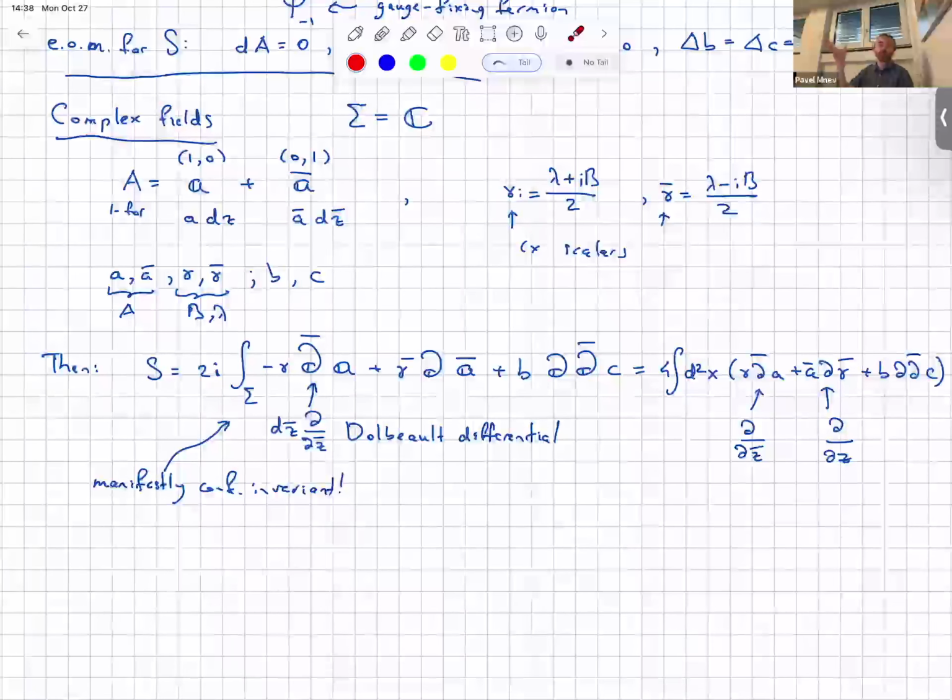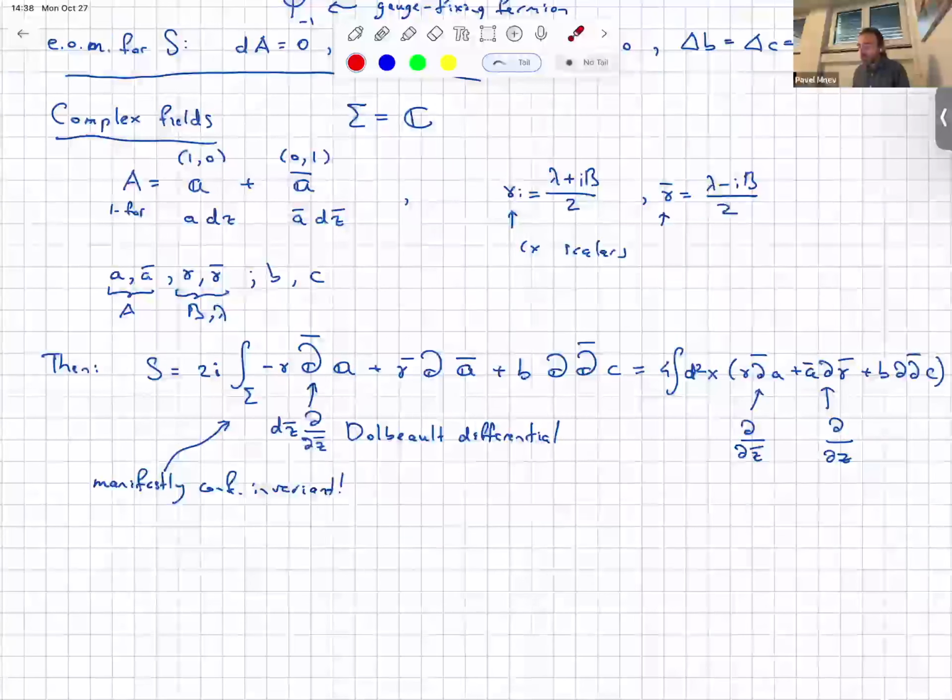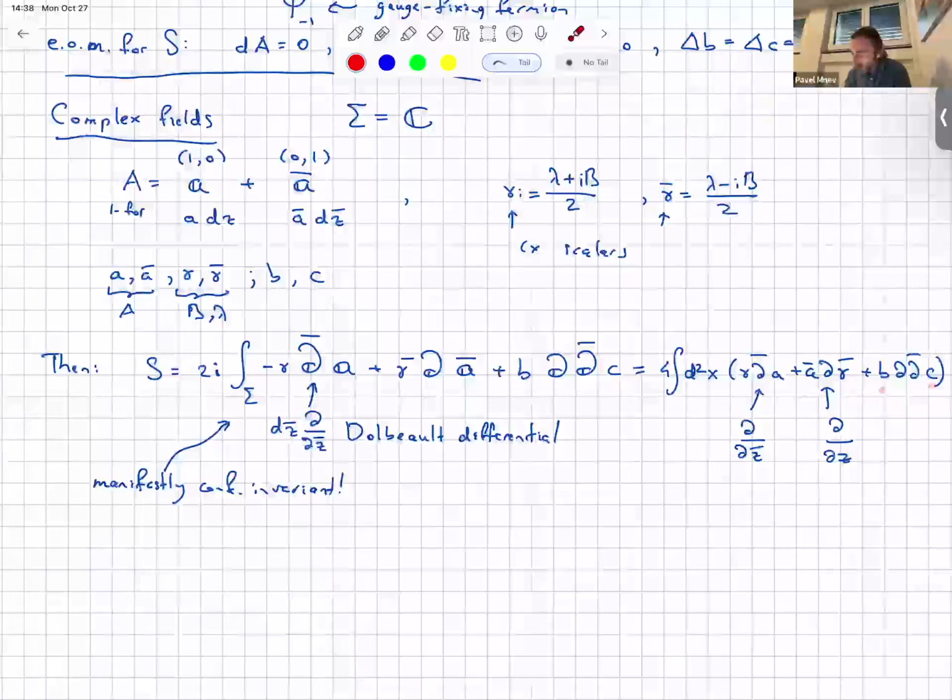I was just trying to make a connection to some standard examples of CFTs. So here these are odd scalars. Actually, gamma and gamma bar are scalars, B and C are odd scalars, and A and A bar are (1,0) and (0,1) forms respectively.